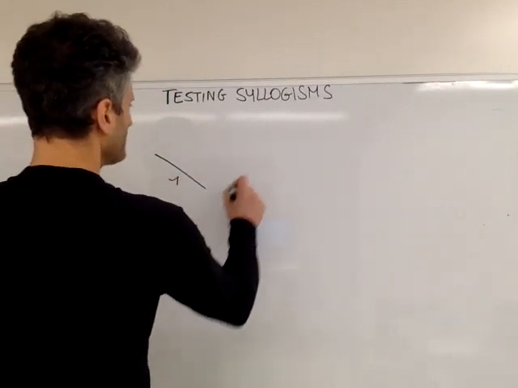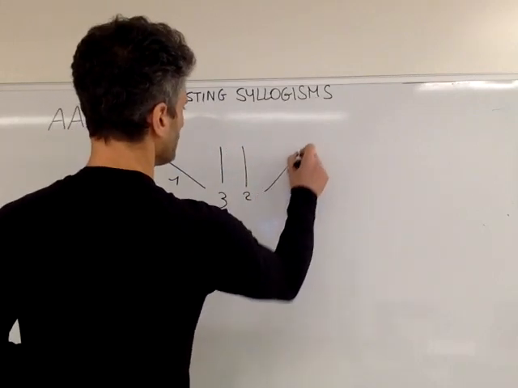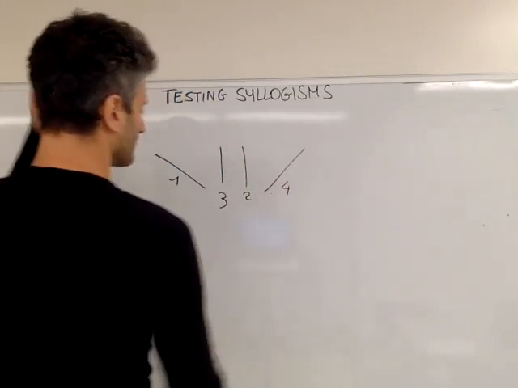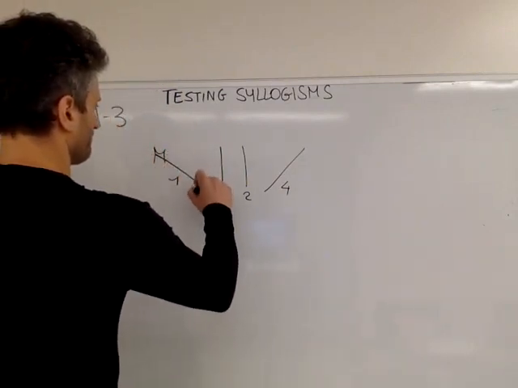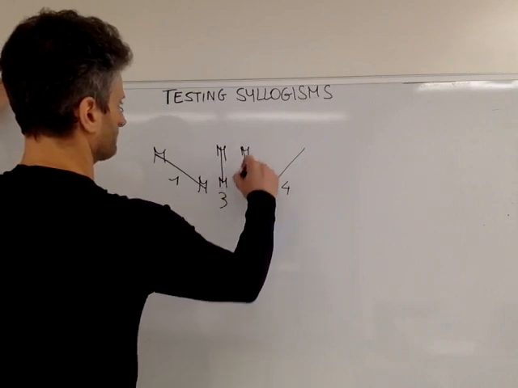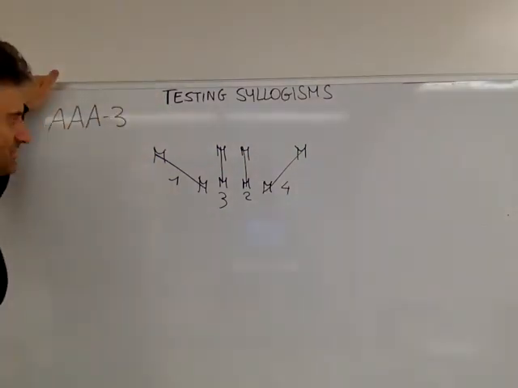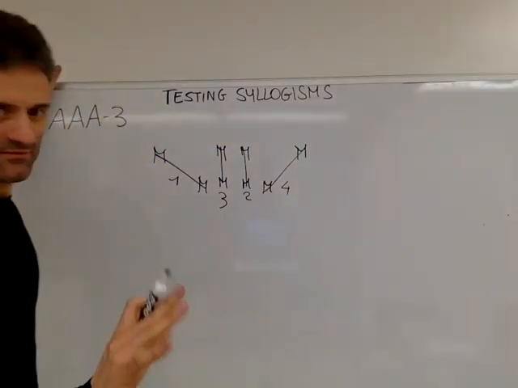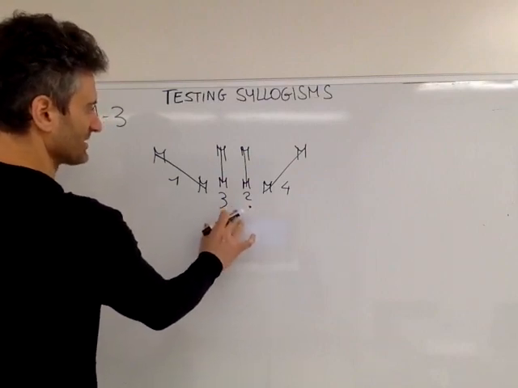This is figure 1, this is figure 2, this is figure 3, and this is figure 4. Okay, so the tricky part is to remember which one is 3 and which one is 2.